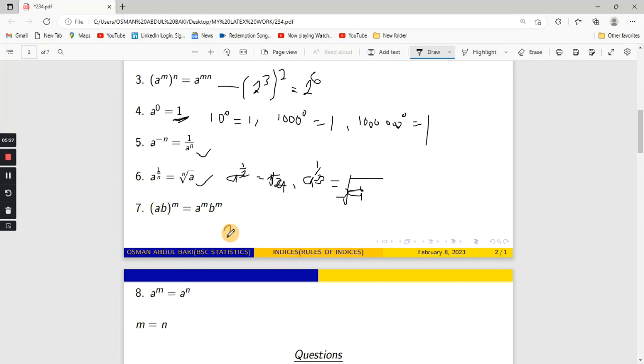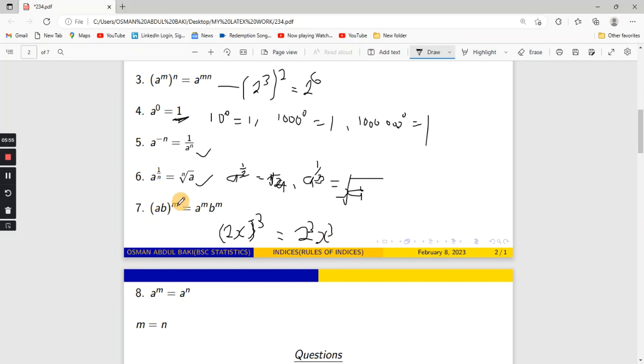So imagine you have, let's say, the bracket 2x raised to the power, let's say, 3. If you have 2x raised to the power 3, you will get 2 raised to the power 3 times x raised to the power 3.